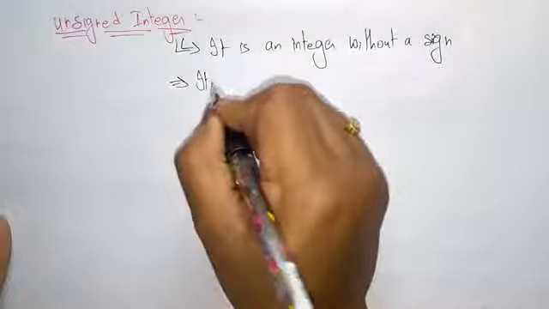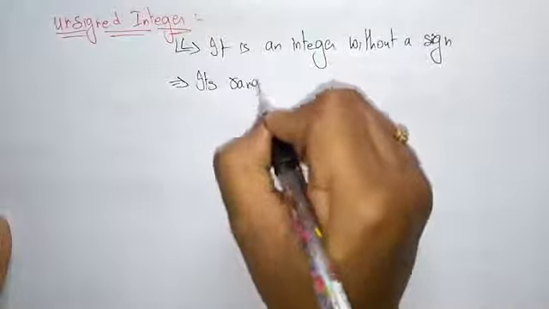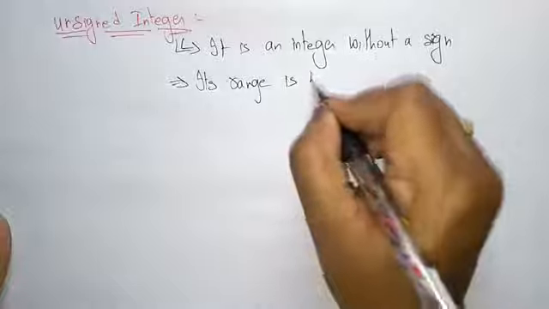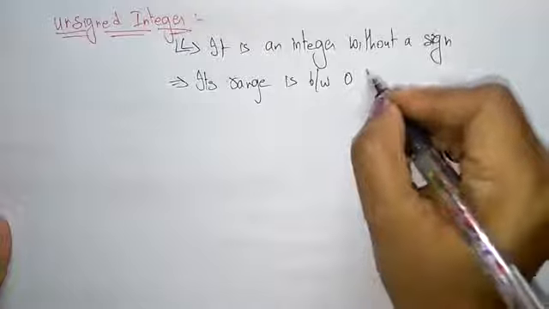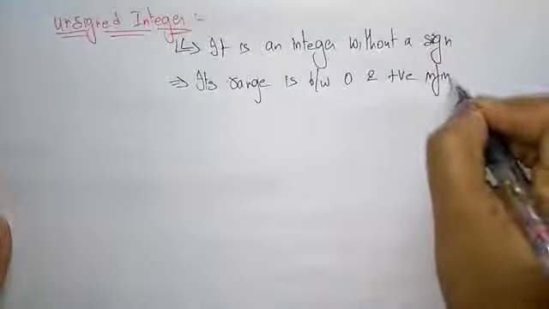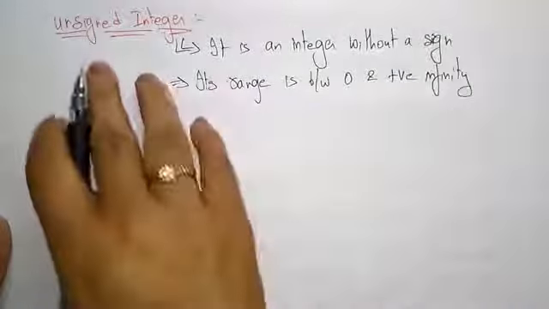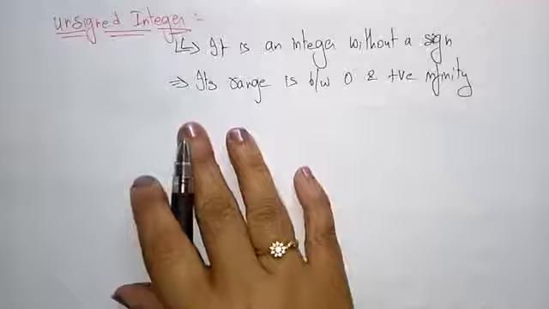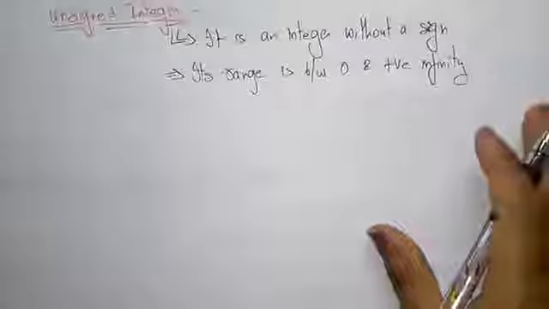Its range is between 0 and positive infinity. So the unsigned integer should always be between 0 and positive integers.